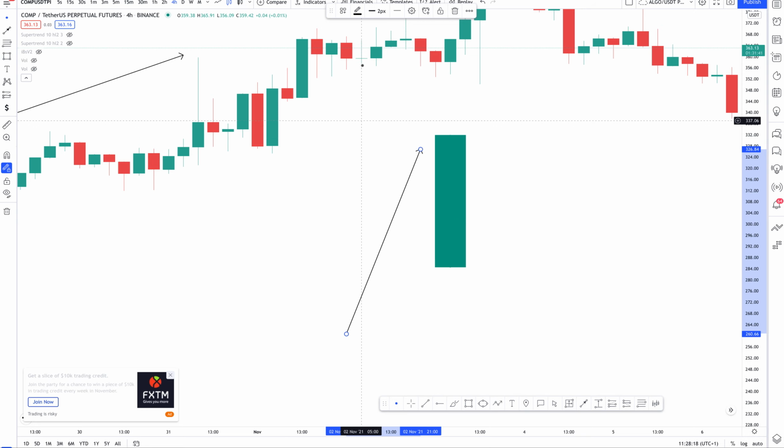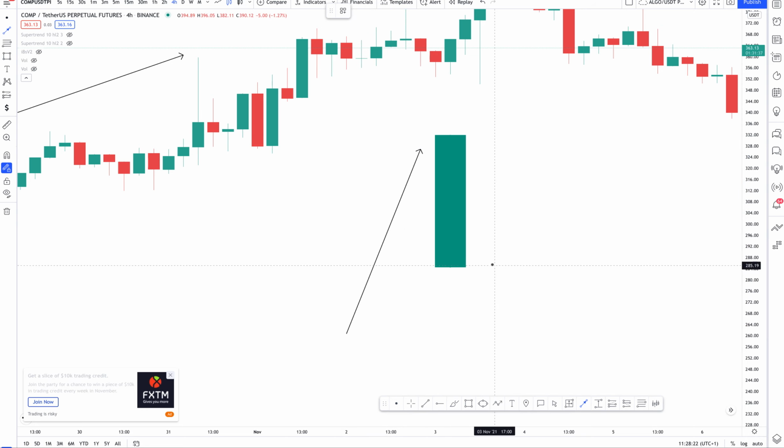And what's the principle? Number one, knowing where it opens. That's the number one principle of a bullish candle.